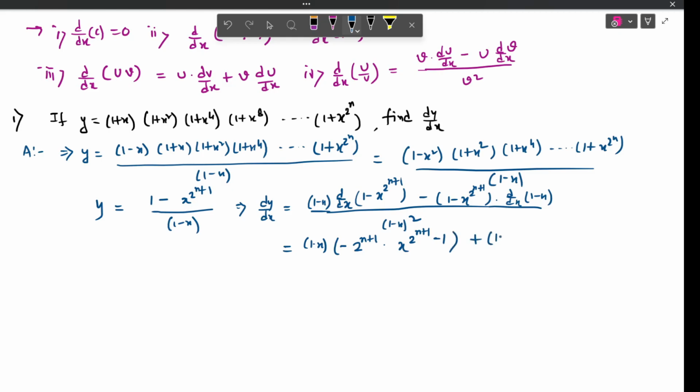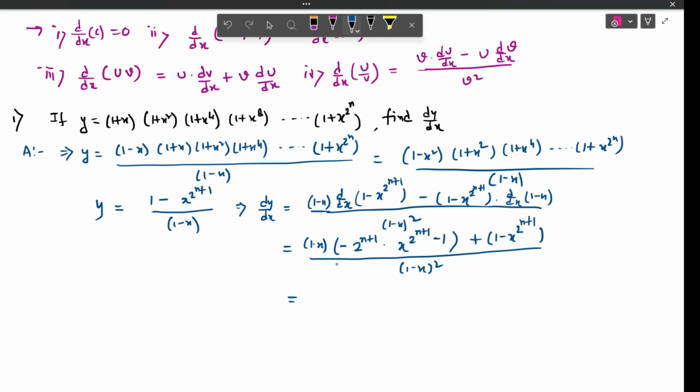Plus 1 minus x to the power 2 to the power n plus 1 into d/dx of 1 is 0 and d/dx of minus x, that is minus 1, so it will be plus, divided by 1 minus x whole square. Right.